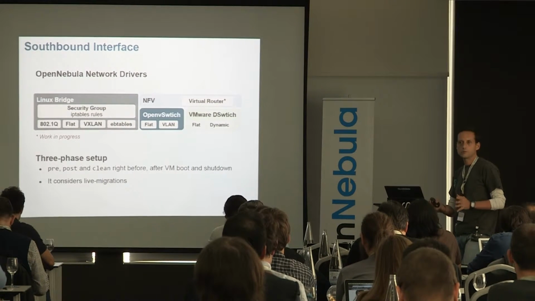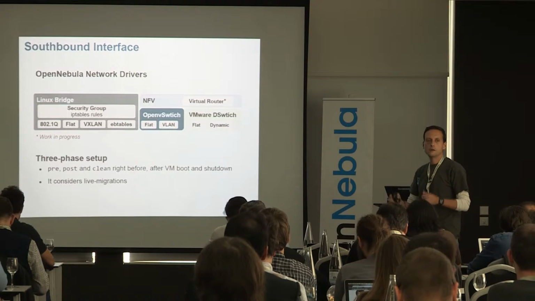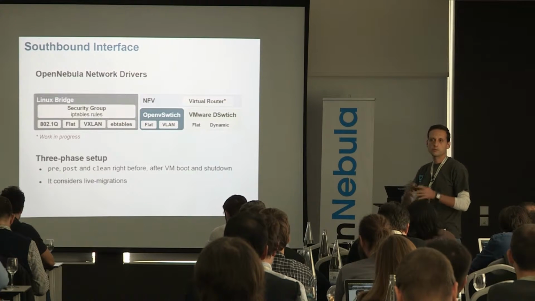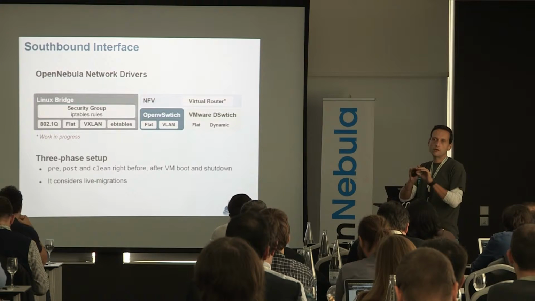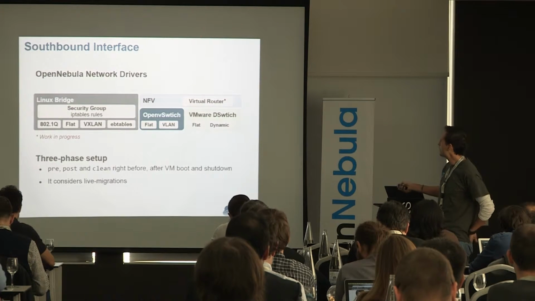So we wanted to provide a coherent way of doing those things rather than having custom appliances. So this is a matter of defining the interface we want and delivering the drivers to do this configuration.